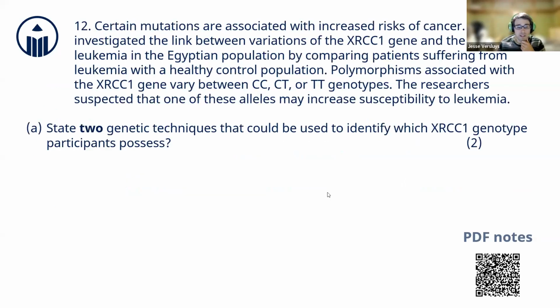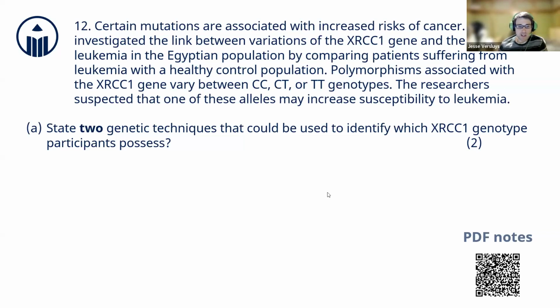Okay, here is a longer question, which is going to have multiple parts in it. And I think this is going to be our final question for today. So certain mutations are associated with increased risks of cancer. A study investigated the link between variations of the XRCC1 gene and the risk of leukemia in the Egyptian population by comparing patients suffering from leukemia with the healthy control population.